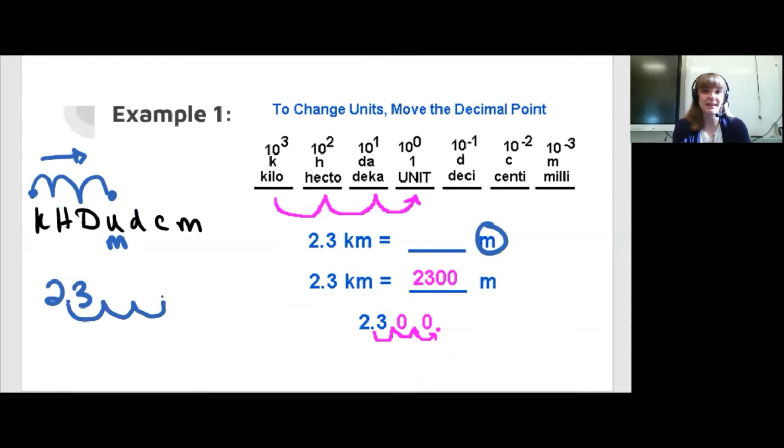My new decimal is now here, and in these empty slots I'm going to put zeros. So my final answer is 2,300 meters, because my decimal is now at the end. That's an example of how to do a simple conversion like this.